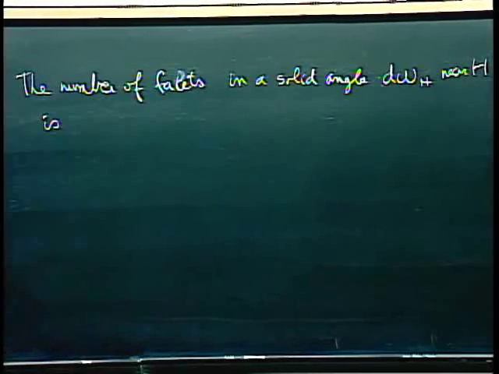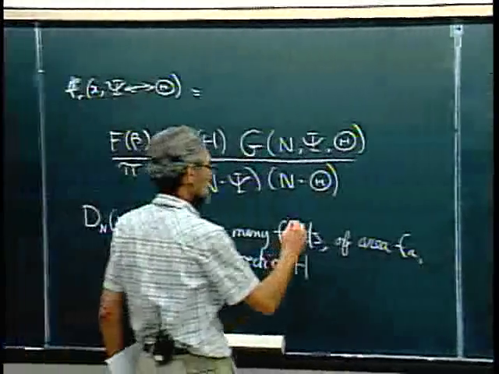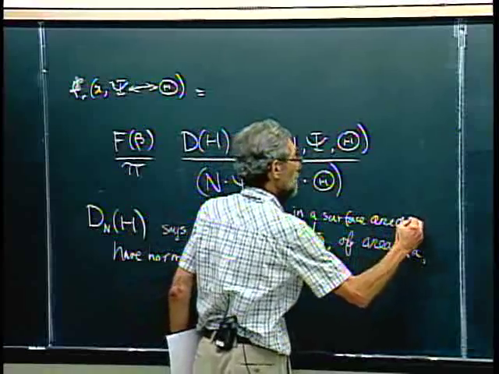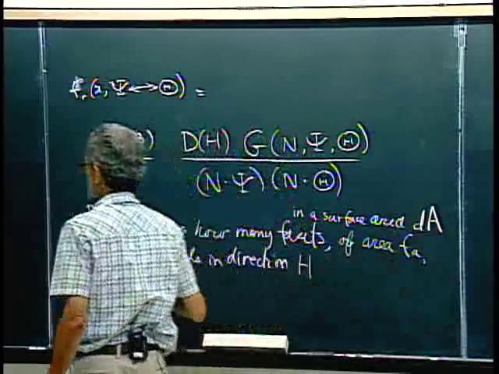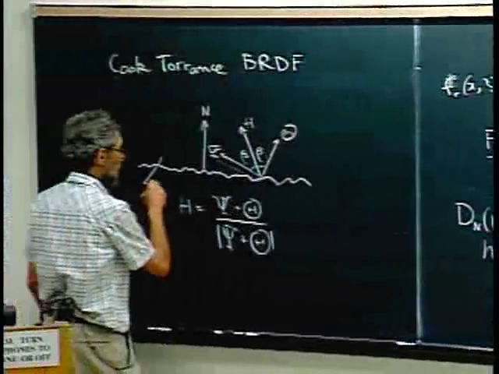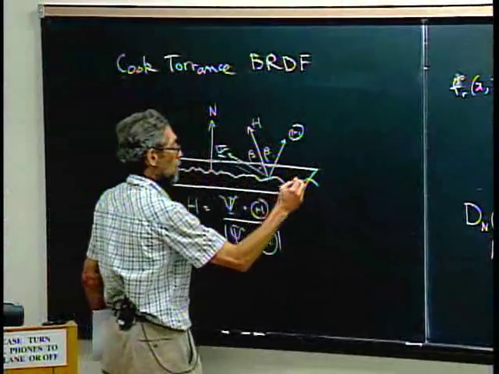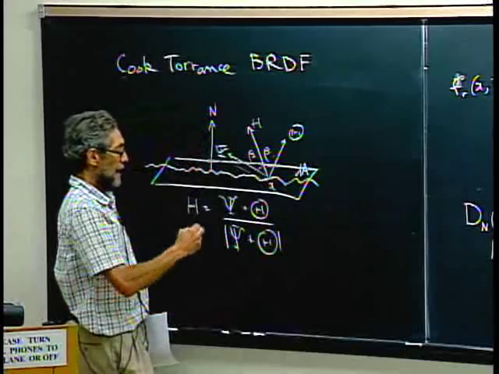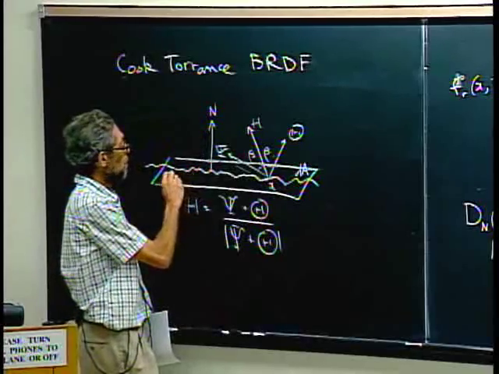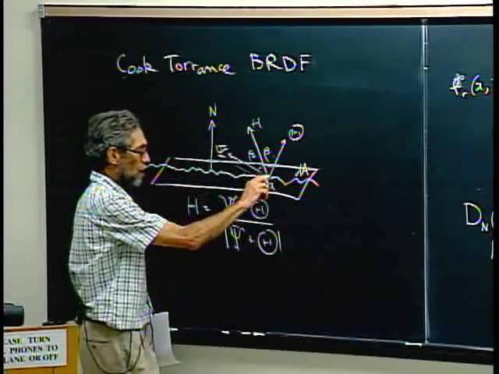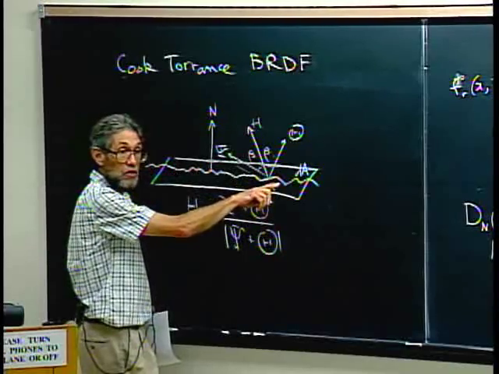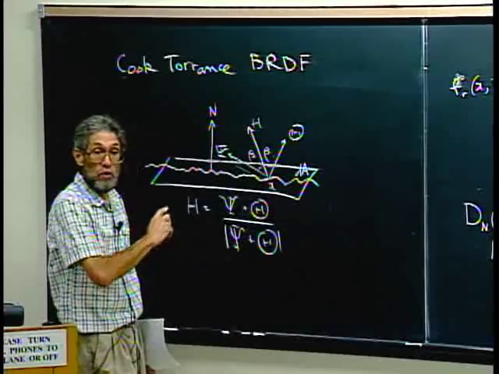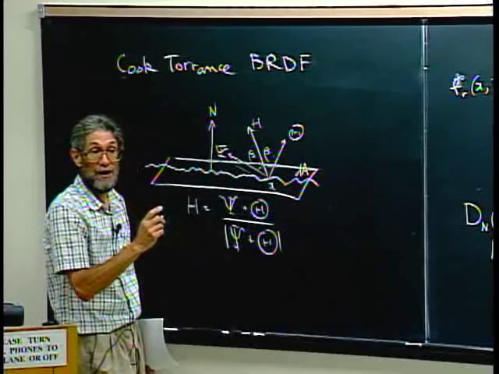This is how many facets in a surface area dA. Right? So here's the surface. And here is some area on the surface, say dA, near X. And we want to count the number of facets with this normal in a certain solid angle near H on that surface, because this distribution function is really per unit solid angle per surface area.